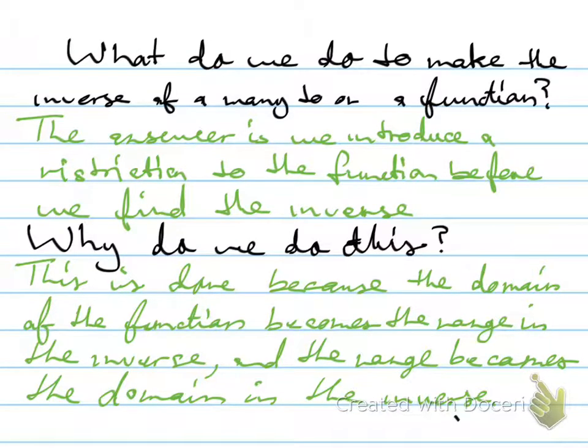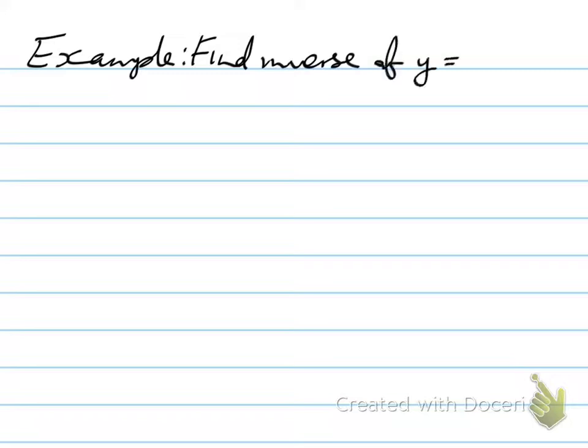So let's go back to our example and put a restriction. For a 1-to-1 we only had 2 steps. For finding the inverse of a many-to-1, now we have 3 steps. The first one we add is putting a restriction. Find the inverse of y is equal to 4x squared.